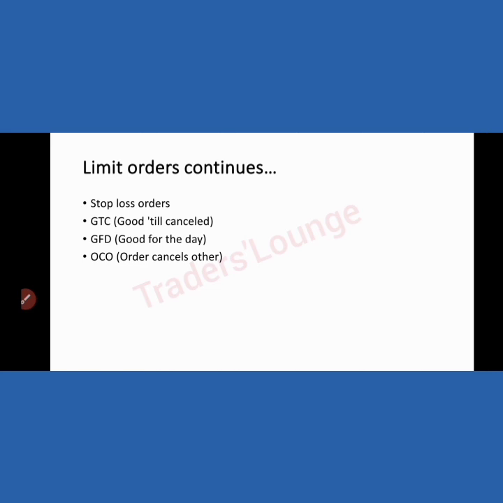Because foreign exchange is a 24-hour market, this usually means that when it opens around 5 p.m. EST, which is the market time of the US, it is good that you leave it until the end. So that's the meaning of GFD.